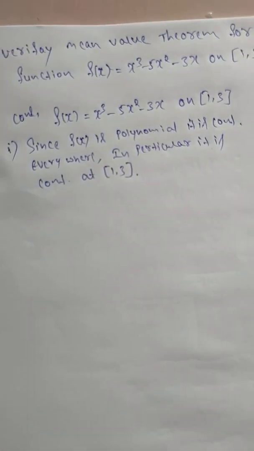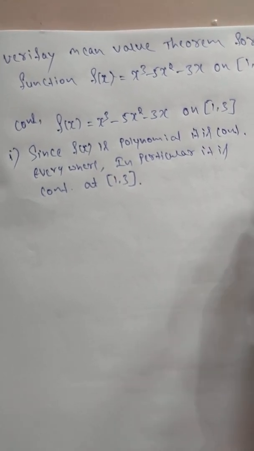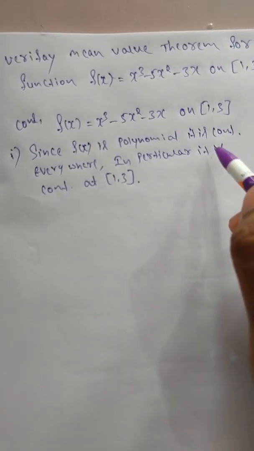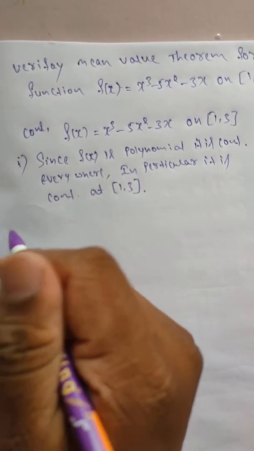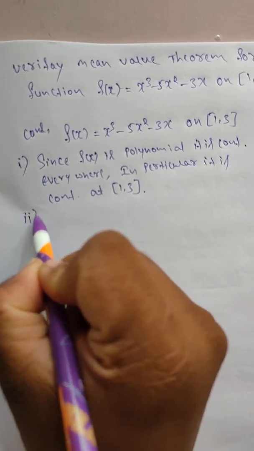So for every problem we are writing this point. Since f of x is a polynomial, it is continuous everywhere, in particular it is continuous at closed interval 1 comma 3. Now the second one, differentiability.